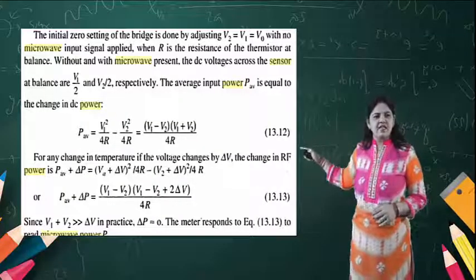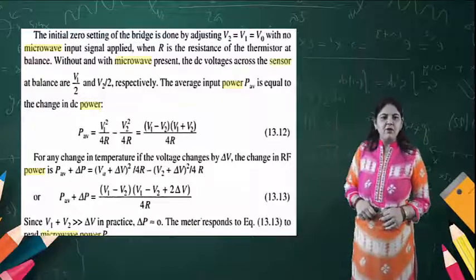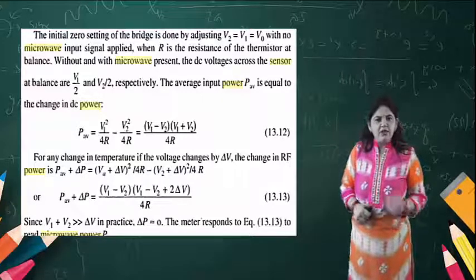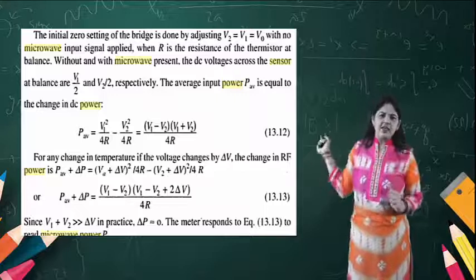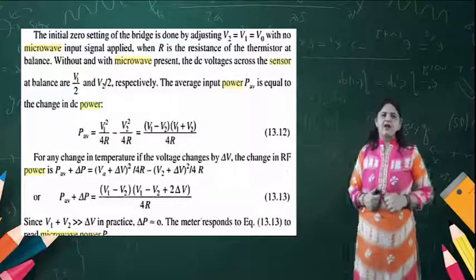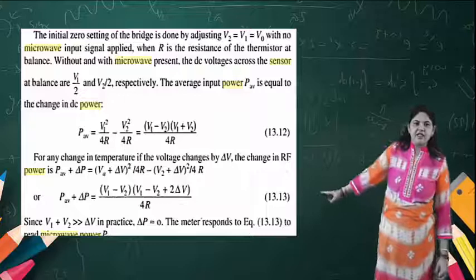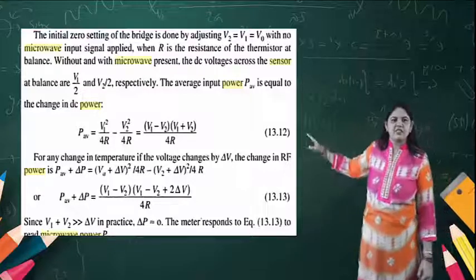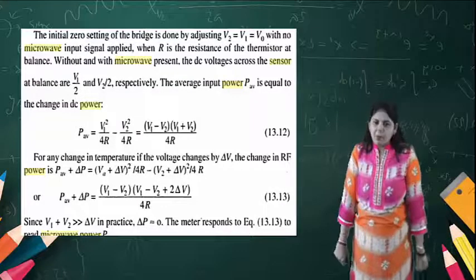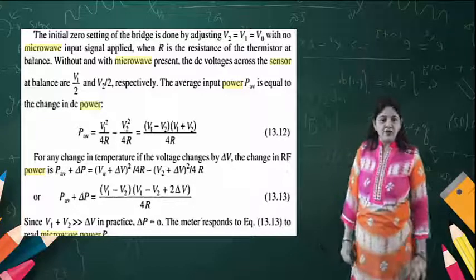So here you can see what that power value is. It is V1 square upon 4R from the one circuit and V2 square upon 4R from the other circuit, and we can develop the equation, that is V1 minus V2 upon V1 plus V2 upon 4R.